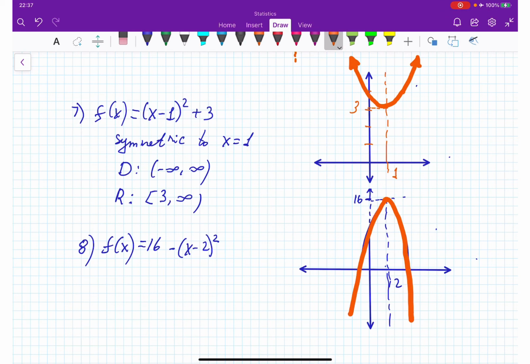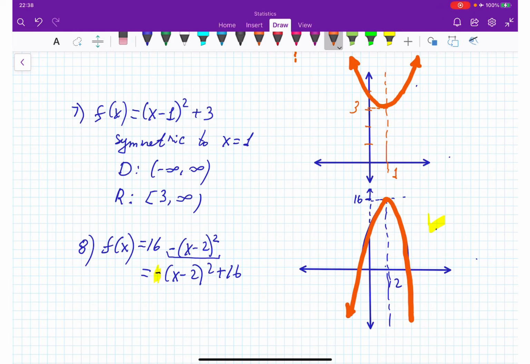All right. So let's justify this equation, see if it matches this graph or not. So I'm rewriting negative x minus 2 squared. First I'm writing this piece, and then plus 16. Okay, the fact that I have a negative here shows that indeed the graph flipped down, right?